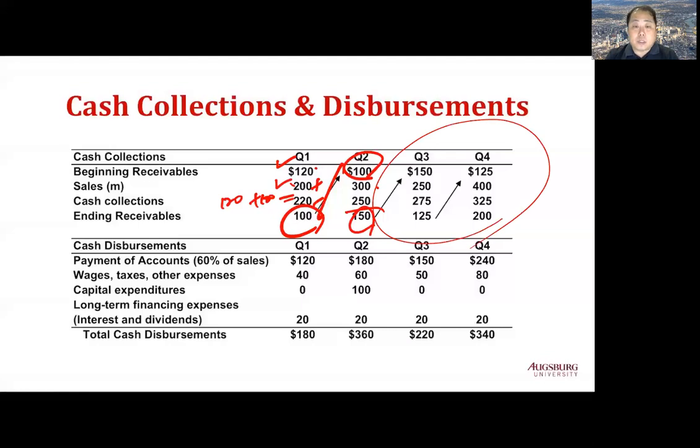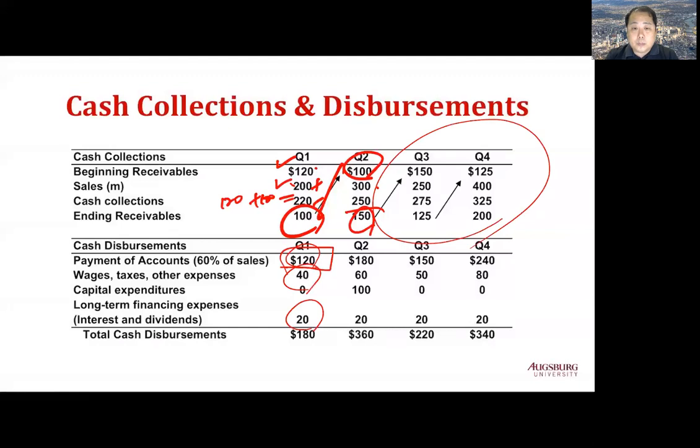Then what about disbursement? In quarter 1, payable is 60% of sales, 200, $120 million. Expenses are 20% times 200, 40 million, and interest and dividends are 20 million.